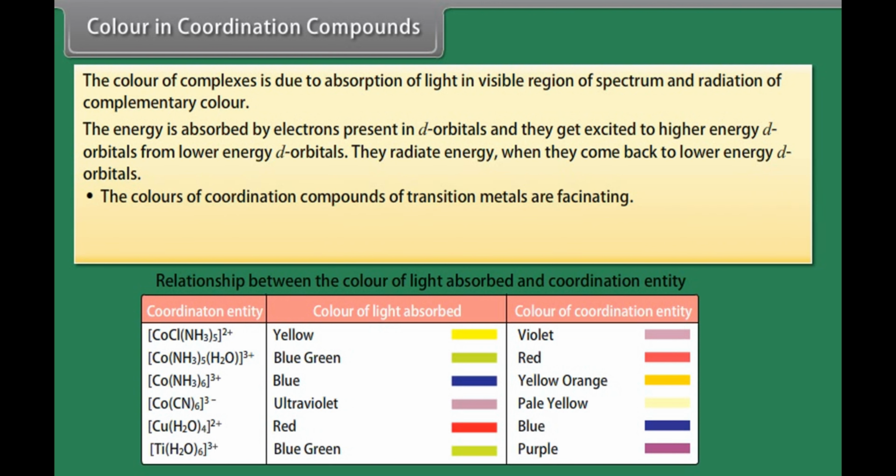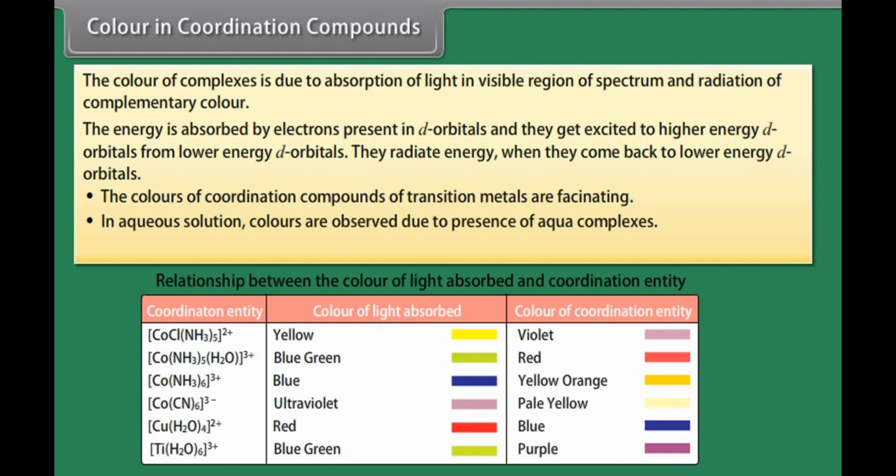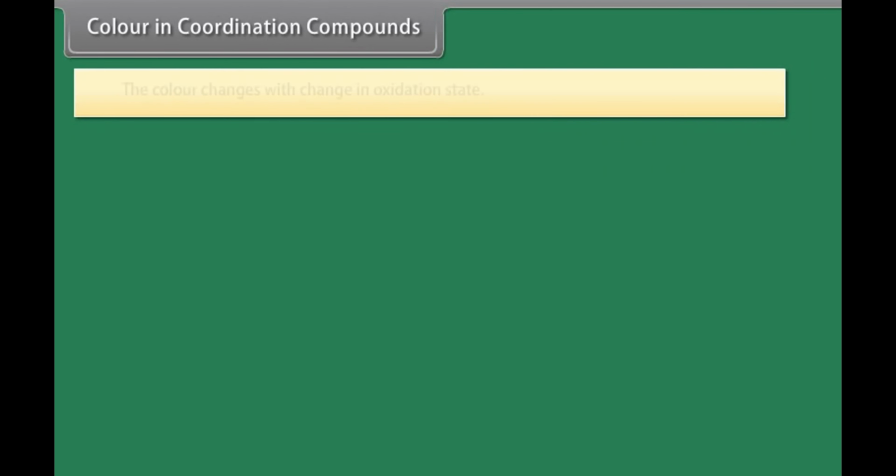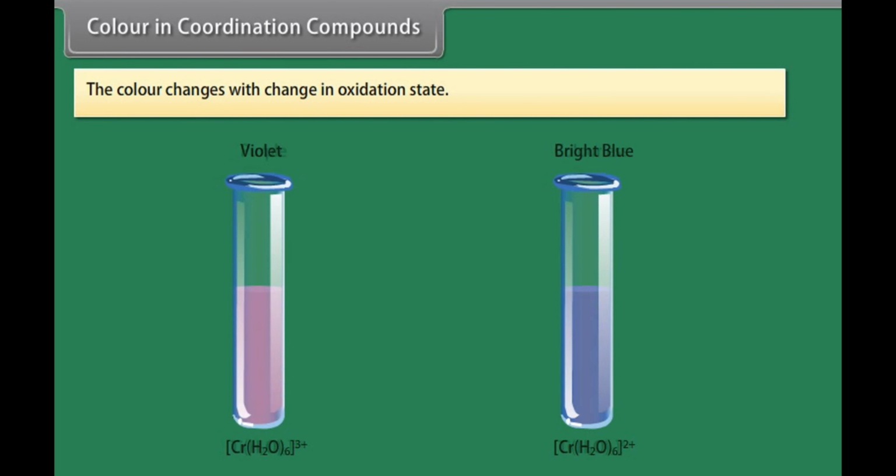The colors of coordination compounds of transition metals are fascinating. In aqueous solution, colors are observed due to presence of aqua complexes. The color changes even with change in coordination number and nature of ligands, and with change in oxidation state.